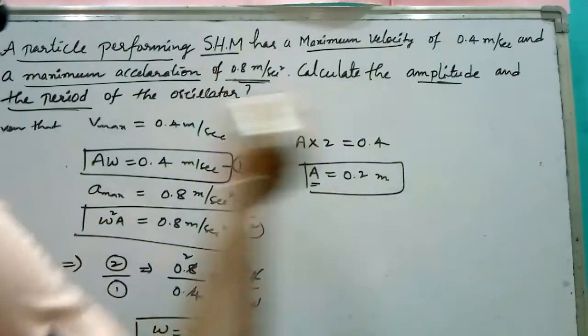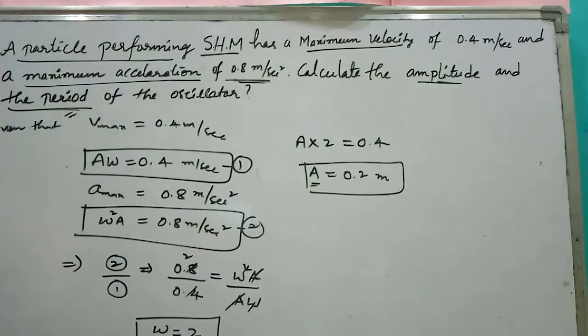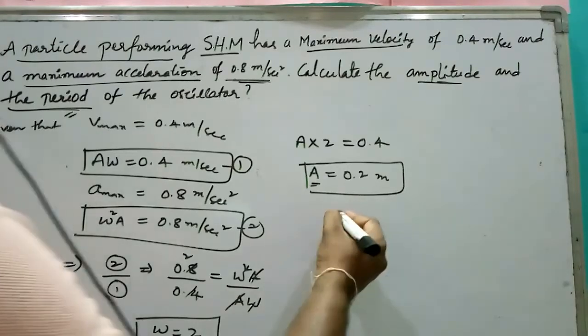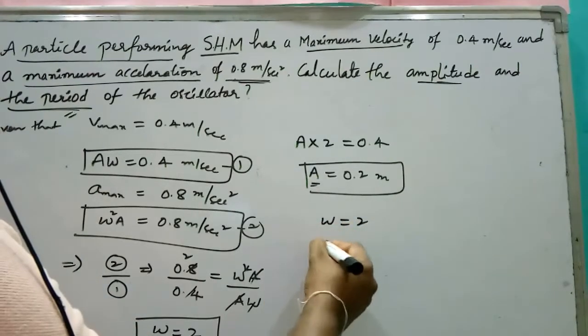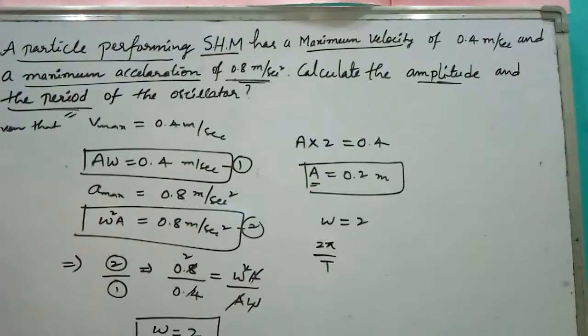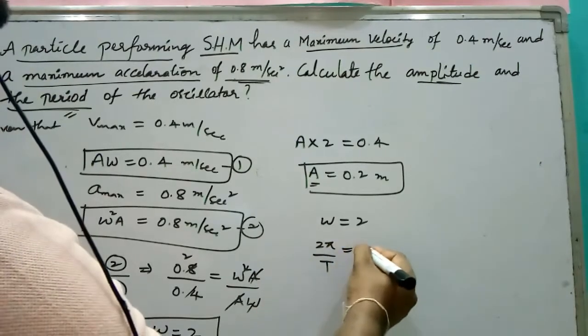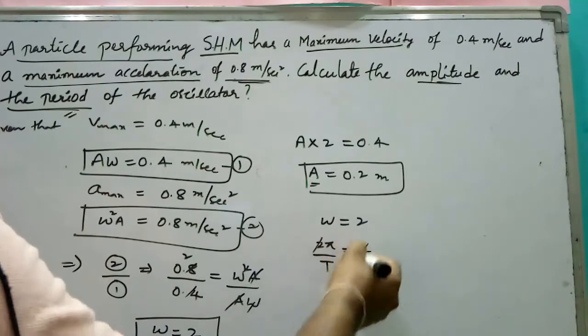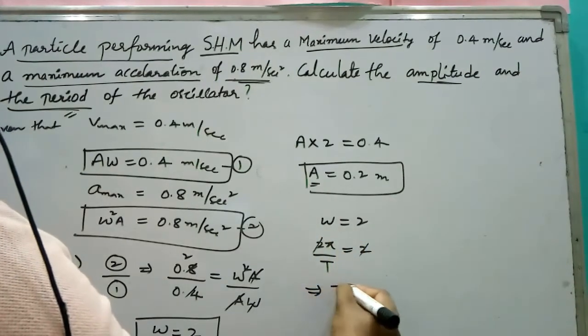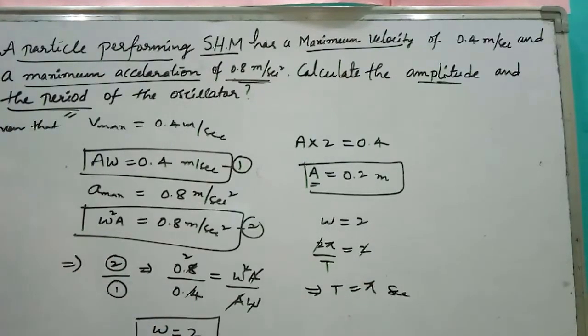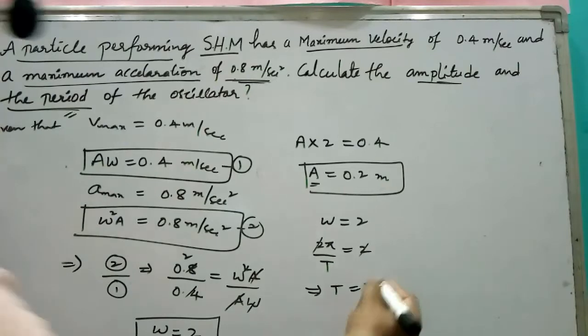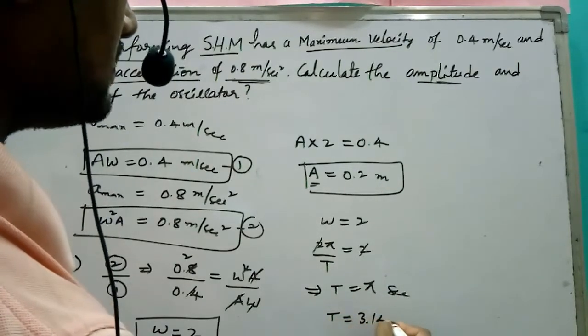Next, we find the time period of the oscillator. What is the relation between the time period and omega? We know omega can be written as 2 pi by T. So 2 pi by T equals 2. The 2 cancels, so T equals pi seconds, nothing but 3.14 seconds.